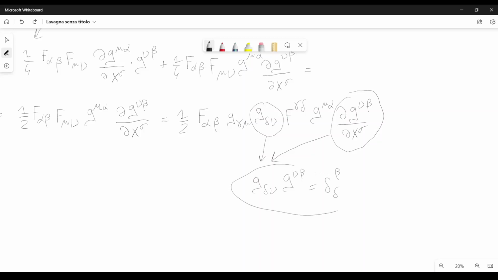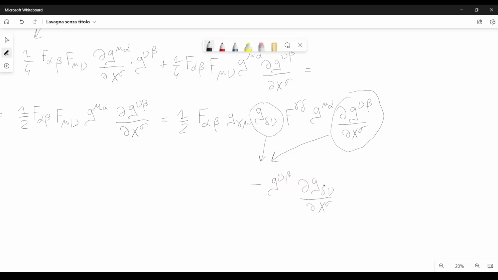Now, for this property, you can easily see that when we multiply G delta nu by derivative with respect to x sigma of G nu beta, we can rewrite that expression as minus G nu beta derivative of G delta nu with respect to x sigma.